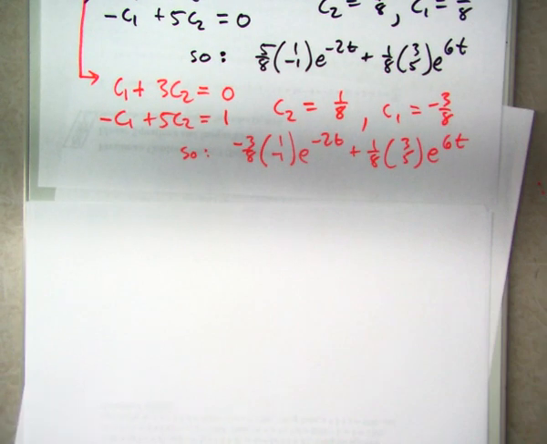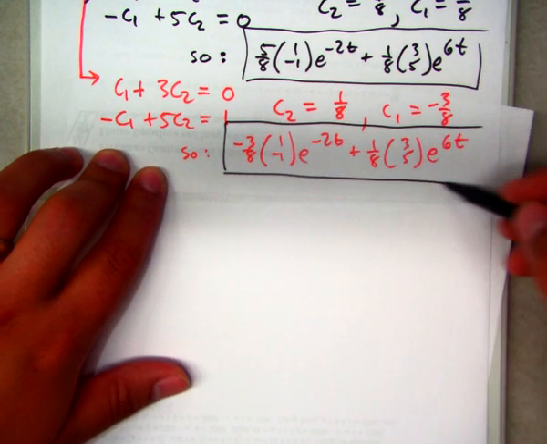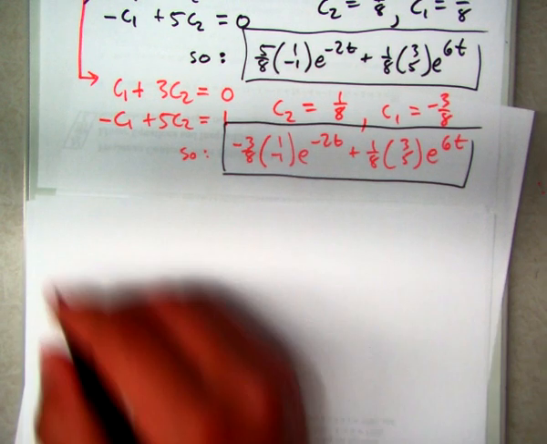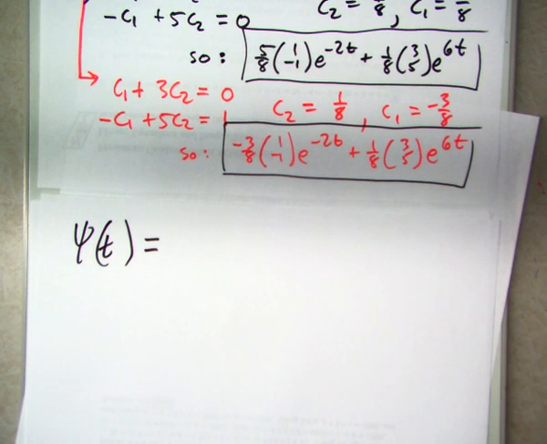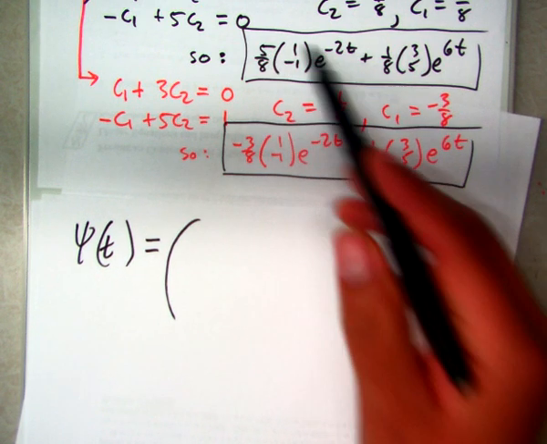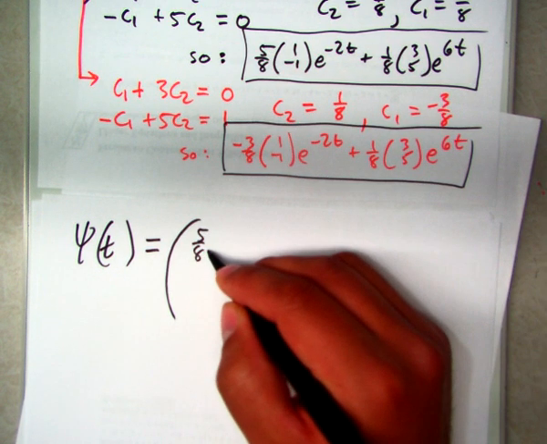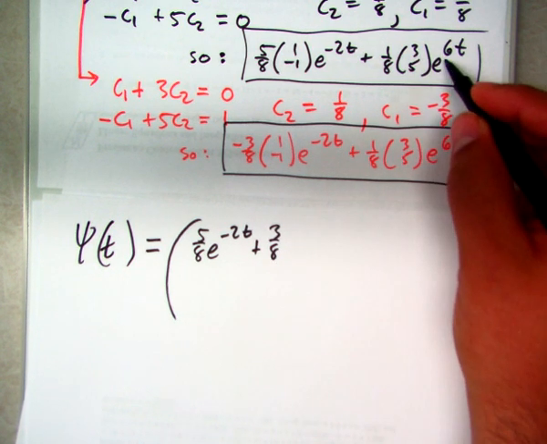So here we are. And now we just put it together. So what's psi of t going to have to be? First entry, 5/8 times 1, e to the minus 2t, plus 3/8, e to the 6t.